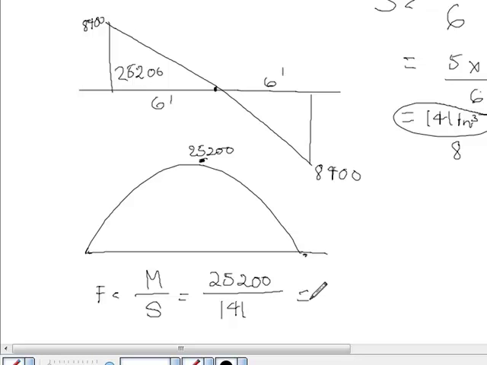Totally different than what I had. What did I do? I'm missing something. 2,140 psi.